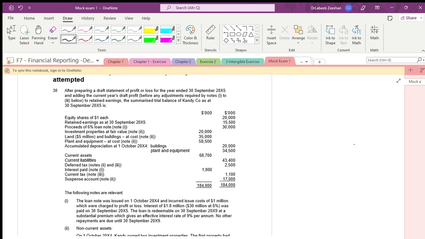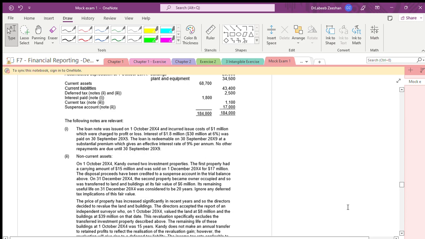Fine. Wherever it is needed, we will cover that. The loan was issued on 1st October. The issue cost is 1 million, incurred and charged to profit and loss account. Interest is 1.8 million, 30 million into 6%. They have paid on 30th September.